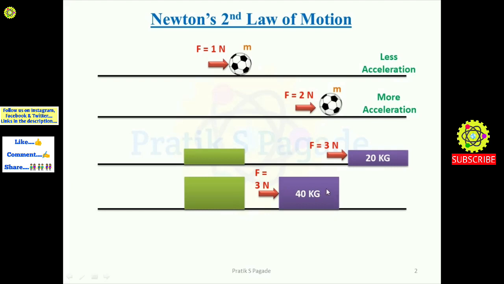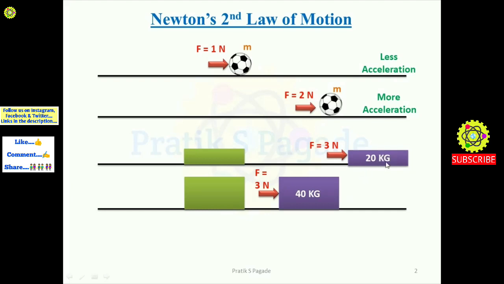Okay, so from these two examples we can conclude that when we apply the force on the less mass object, the object will move up to this position. As you can see here, we are keeping the force equal and the masses are different.